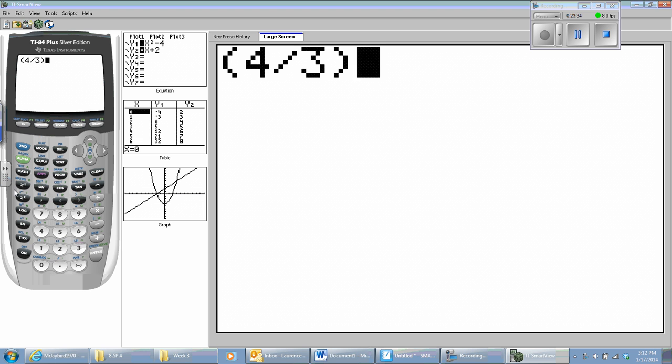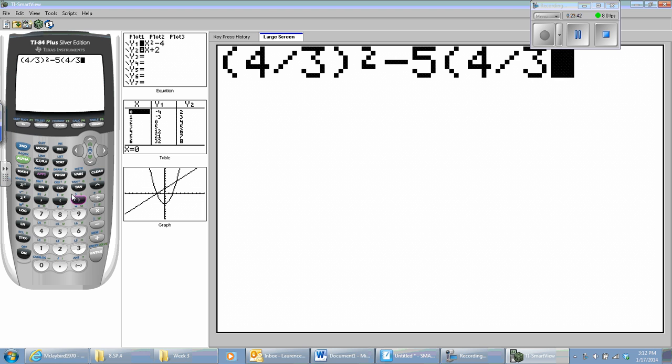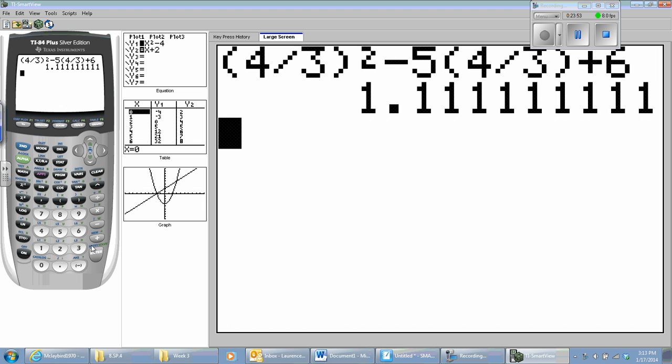There's my square right there. And then I have to do minus 5 times 4 thirds, and then plus 6. So all I did was substitute 4 thirds in for x. And when I do that, I get 1 and 1/9. That is 1.1 repeating, which is the same as 1 and 1/9.